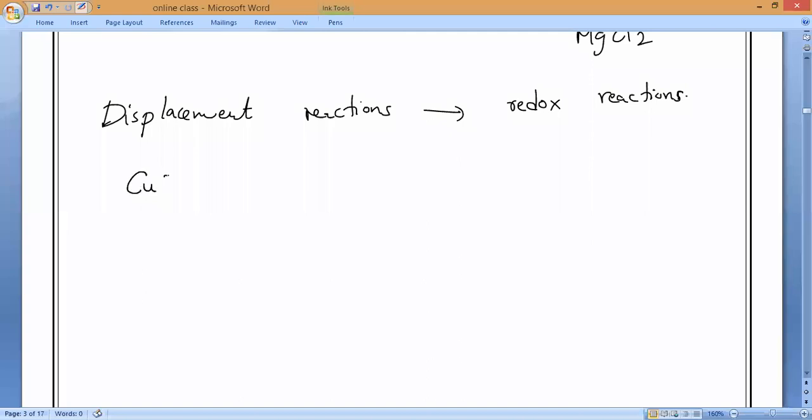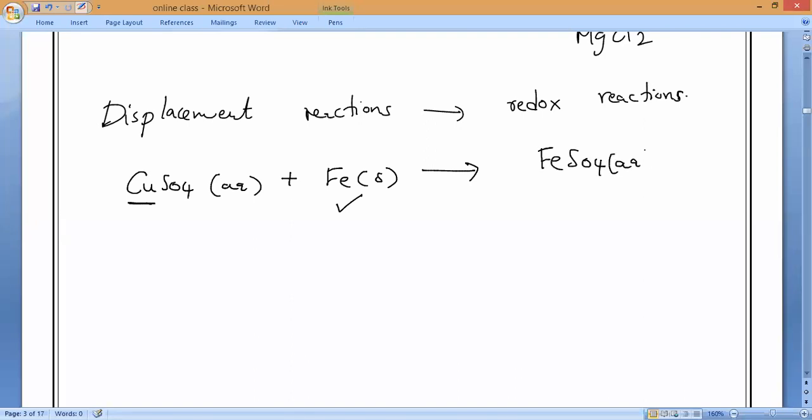What is an example of a displacement reaction? For example, CuSO4 in aqueous state reacts with iron. Will the reaction take place or not? Yes, the reaction will take place, because iron is more reactive than copper. So we get iron sulfate plus copper solid. This is what we call a displacement reaction.